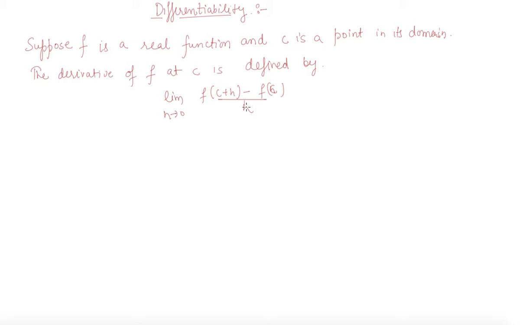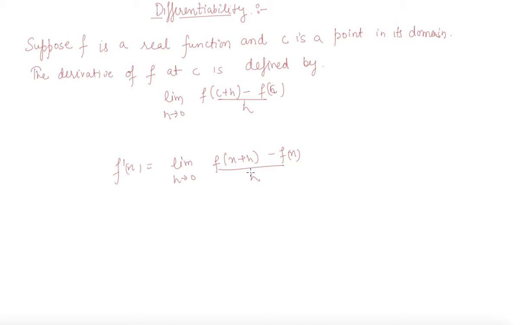So this is the formula to find the derivative of function f at any defined value, and we can also write it as f dash x is equal to the limit as h tends to 0 of f of x plus h minus f of x upon h.